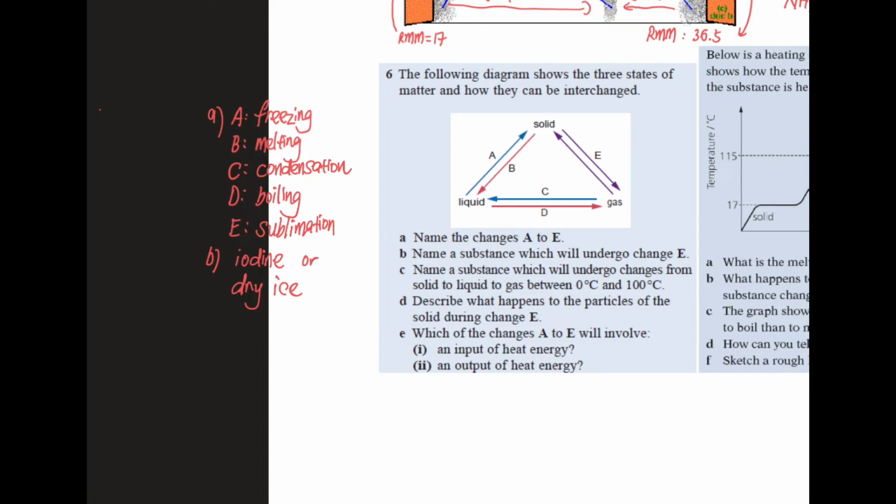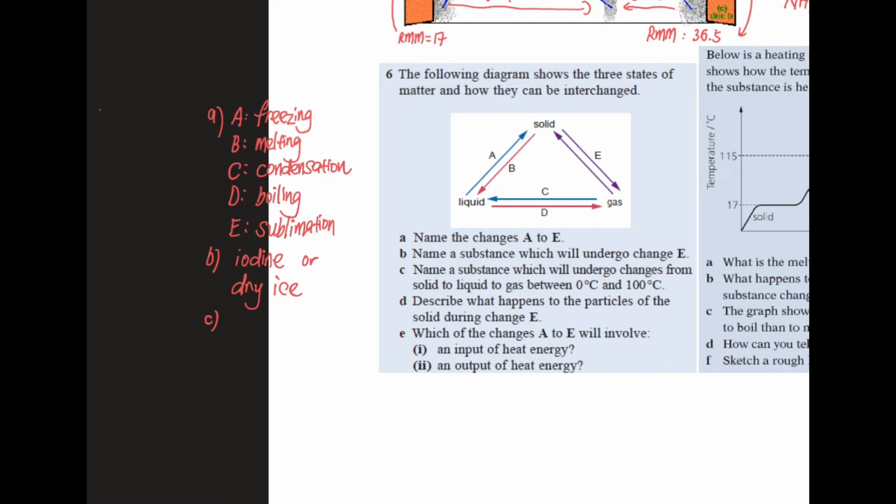Naphthalene, of course, is kind of true also, because you put the naphthalene ball in your wardrobe to avoid cockroaches. After a while, you can't see it already, so that seems to be sublimation. But it is possible to heat up naphthalene and change it to liquid also. So you're taking risks if you say naphthalene.